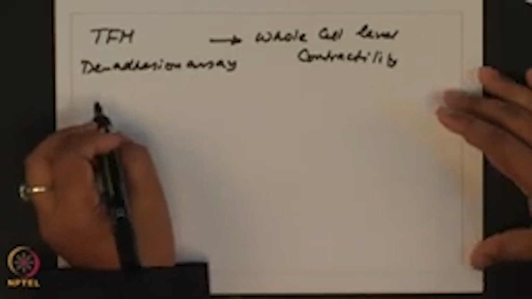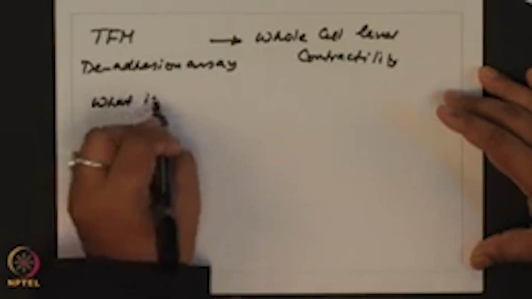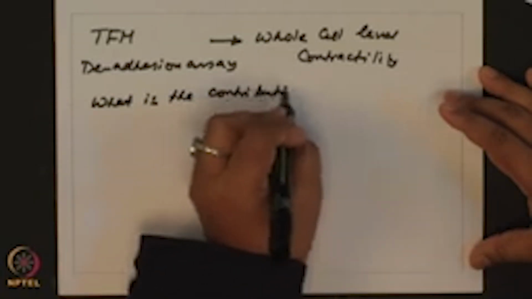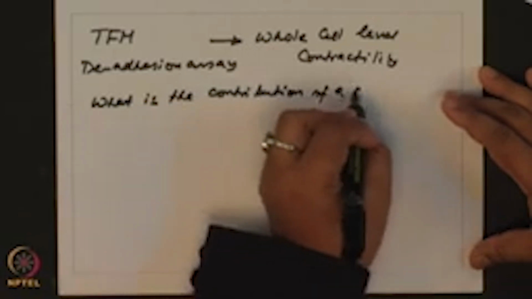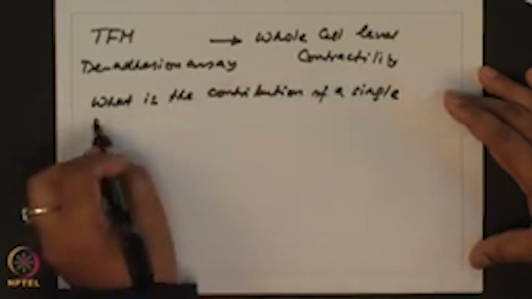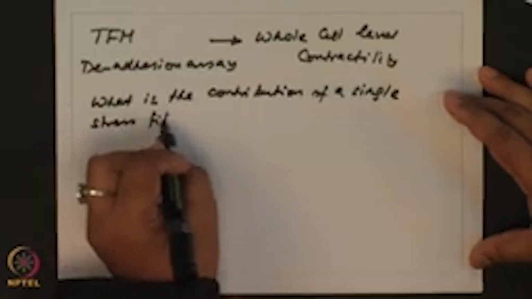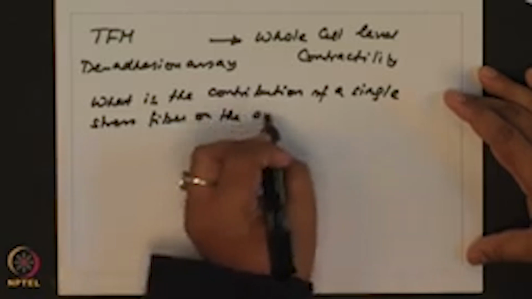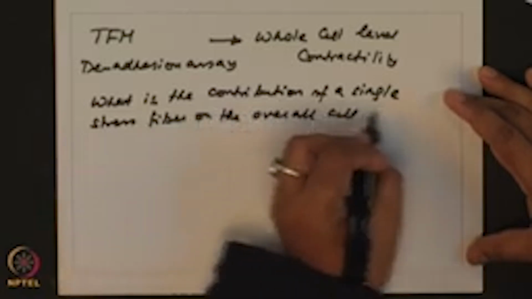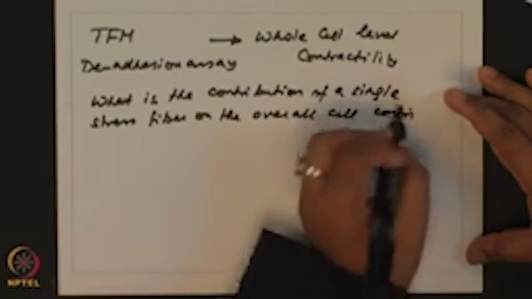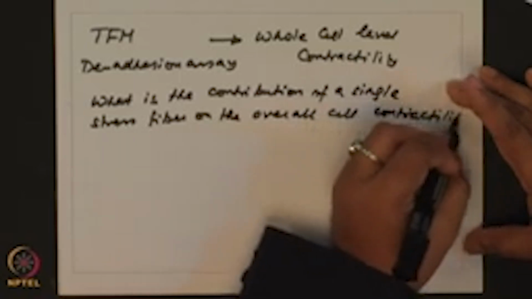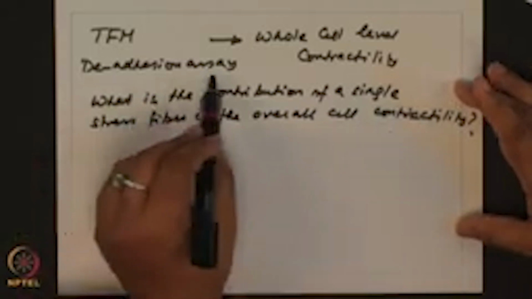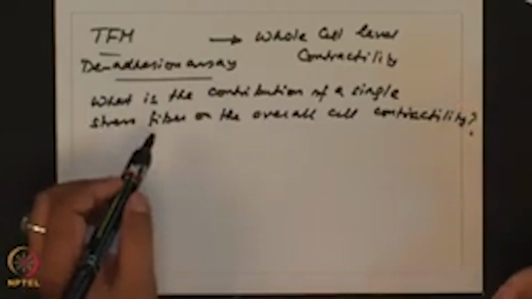In other words, what is the contribution of a single stress fiber to the overall cell contractility? In these cases it is difficult to use TFM or de-addition assay to estimate.